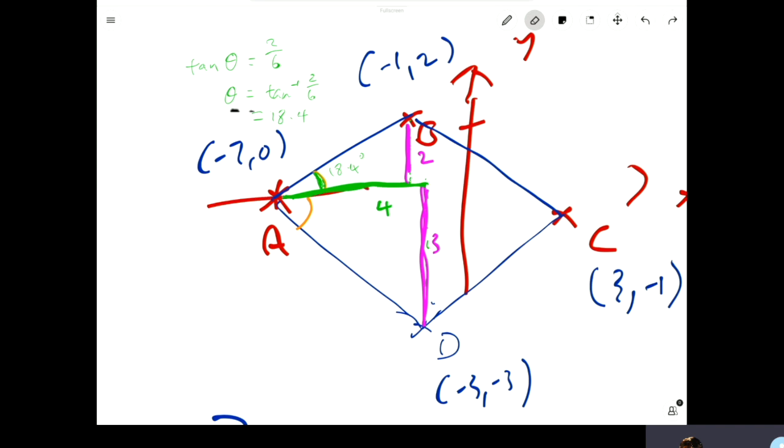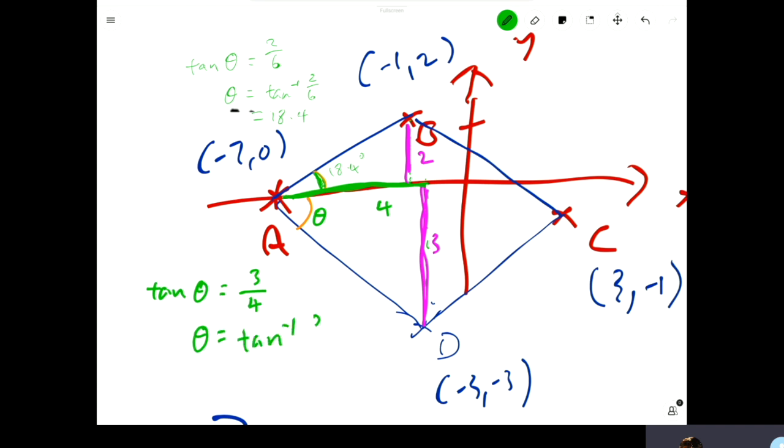Okay, so same thing, tangent. Tangent theta equals opposite over adjacent, right? So 3/4. Now if tangent theta equals 3/4, let's find theta. Tangent inverse 3/4. Using calculator, that will give us 36.89. Alright, so here is 36.89.